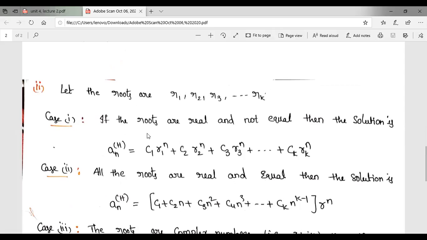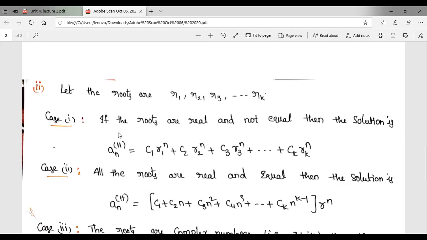The first case: if the roots are real and not equal, meaning distinct real roots, then the solution of the linear homogeneous recurrence relation, represented by a_n^(h), where h represents homogeneous, is a_n^(h) equal to c1 r1 power n, where r1 is a root of the characteristic equation, plus c2 r2 power n plus c3 r3 power n plus and so on plus ck rk power n.